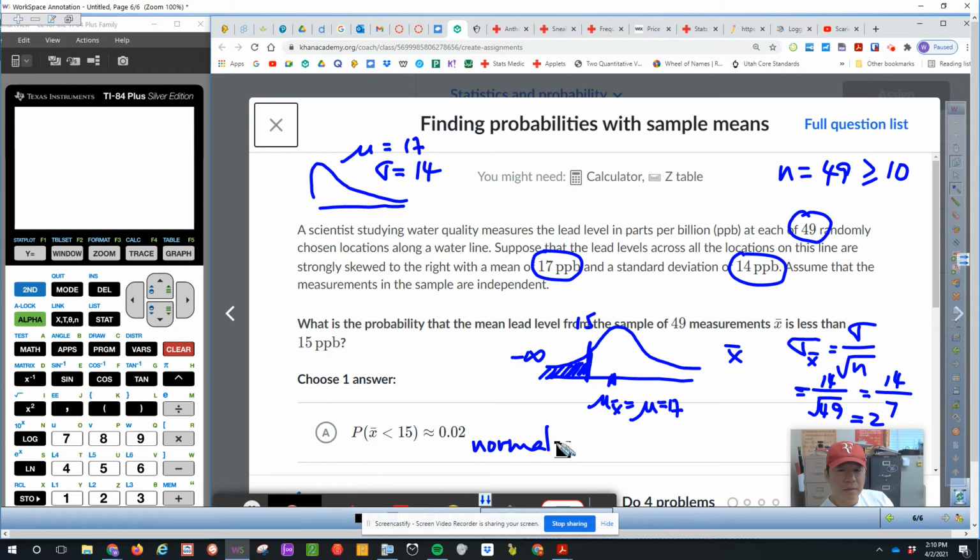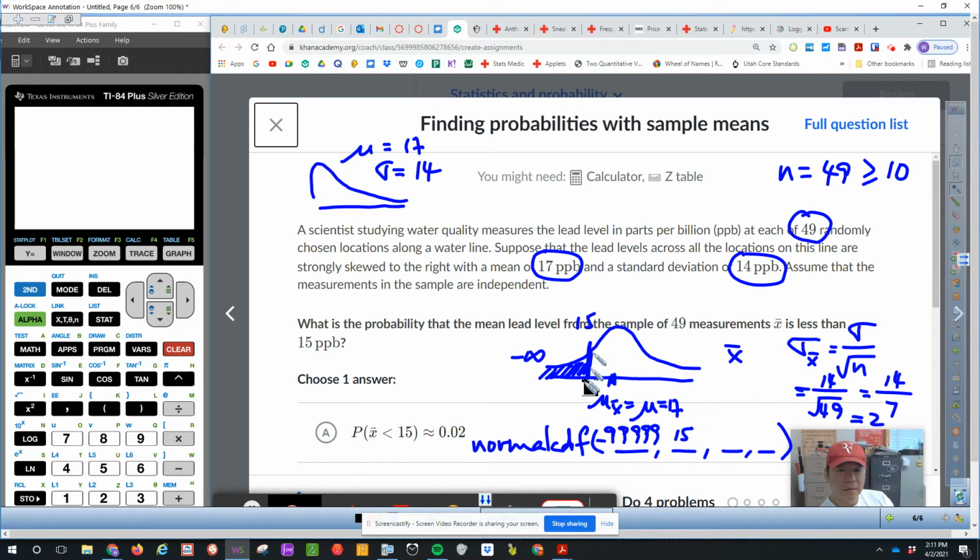And to find the probability, we need normal CDF, and we need 4 things. Here we need the lower bound, which is negative 99999, and the upper bound, which is right here, 15.